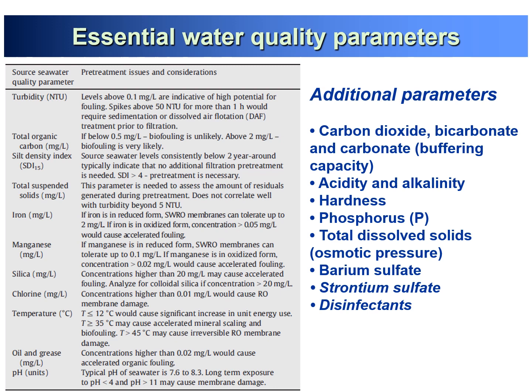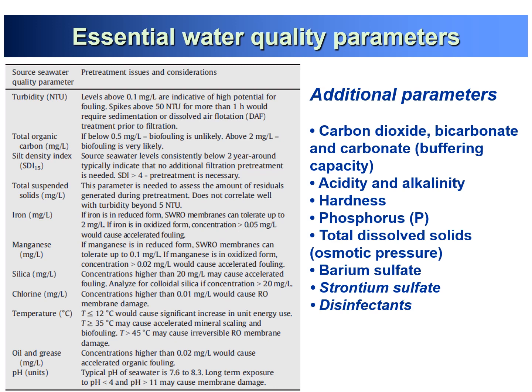Temperature less than 12 degrees would cause a significant increase in energy use. Temperature more than 35 degrees may cause accelerated mineral scaling and biofouling. Temperature more than 45 may cause irreversible RO membrane damage.